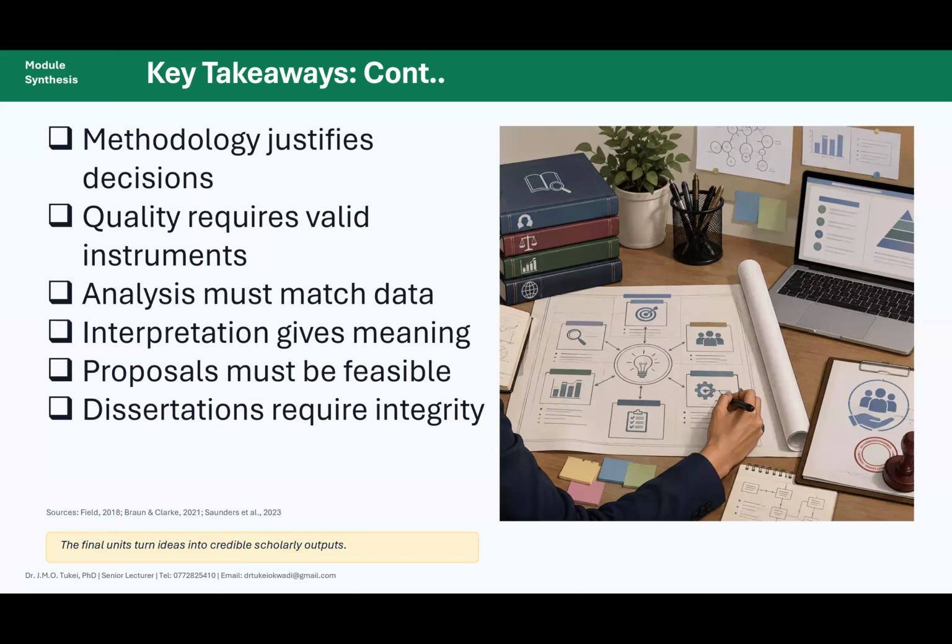Ethical consent cannot be reconstructed after participants have been exposed to risk. Clear recommendations cannot emerge from poorly analyzed findings. The researcher must therefore plan quality, document decisions, and maintain integrity throughout the study.